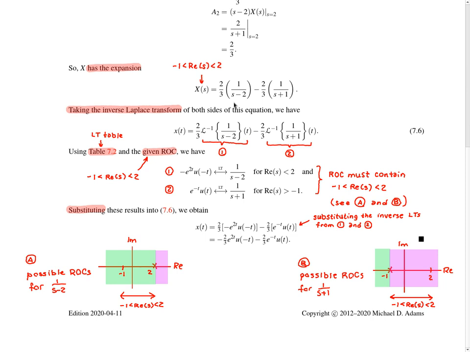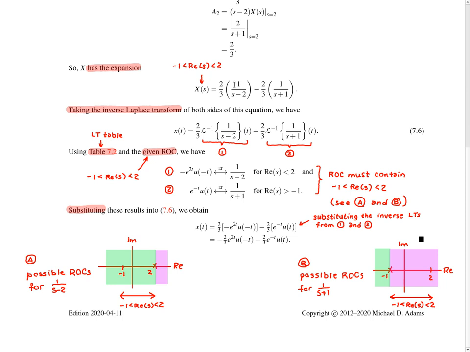Furthermore, in order for this right-hand side to converge in this region written in the annotation, this means that each of the individual terms must converge in this region. So this first term here must converge in this region here, and this second term also must converge in this region here in the annotation.